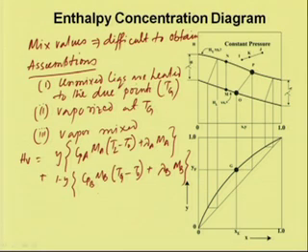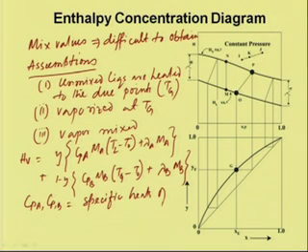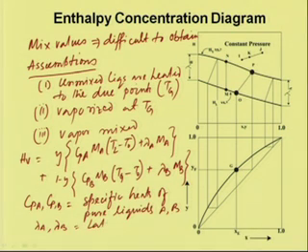where Cpa and Cpb, these are the specific heats of pure liquids A and B, and lambda A and lambda B, these are the latent heat of vaporizations of pure substance at Tg.